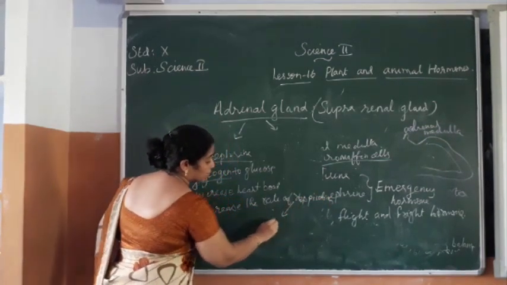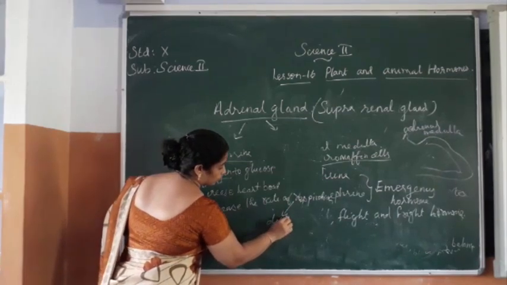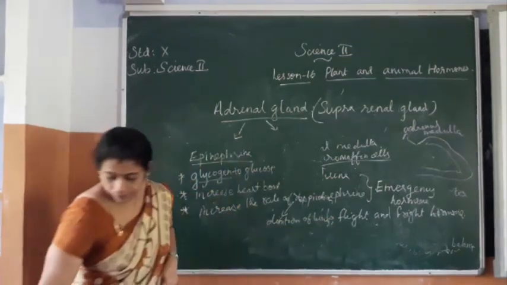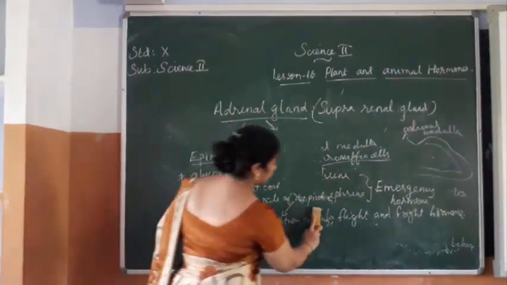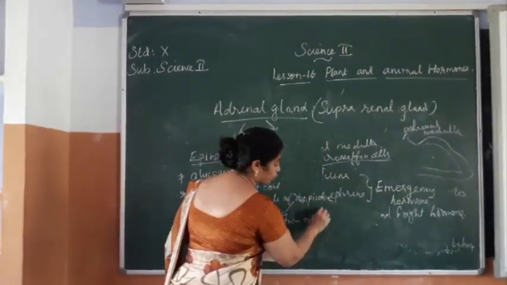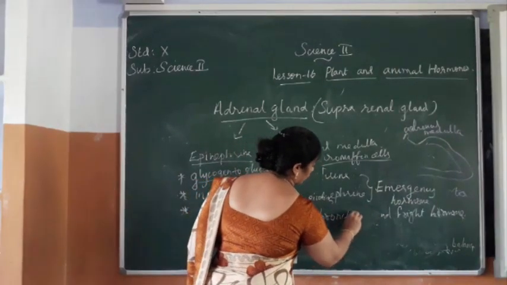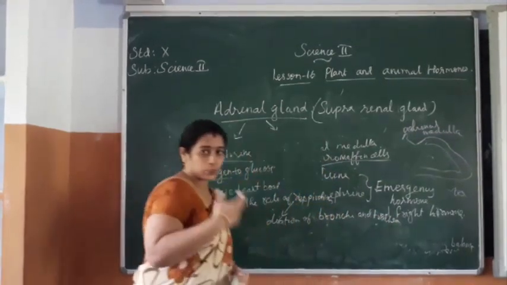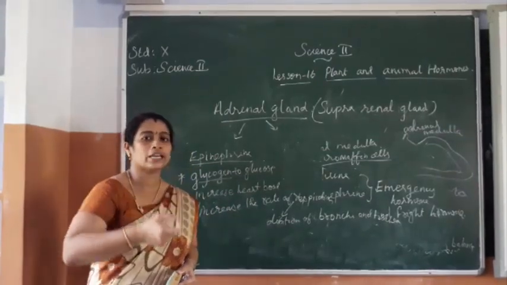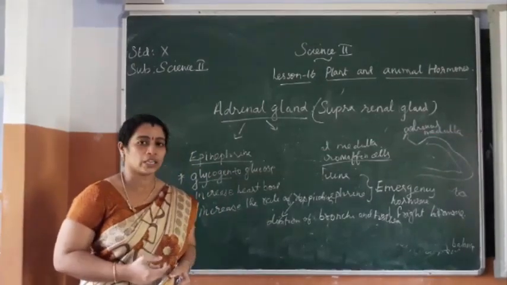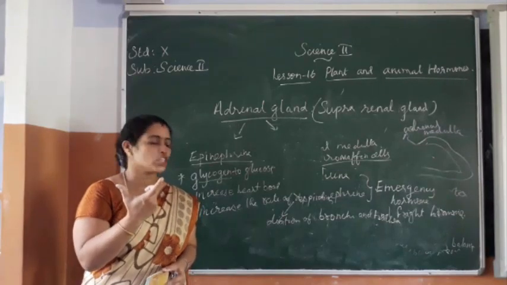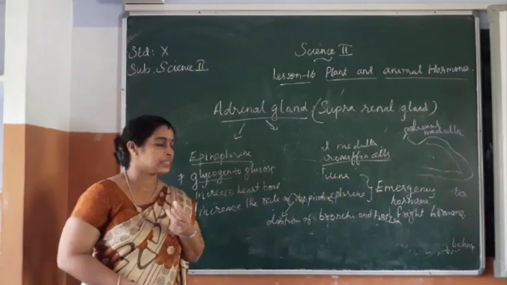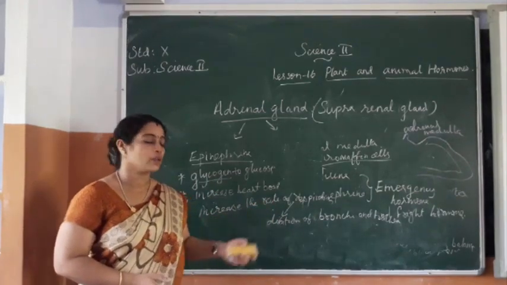By the dilation of the bronchi and trachea, that is, the air passage. Dilation means expansion. The expansion of the bronchi and trachea will be increased, so the rate of respiration also will be increased.